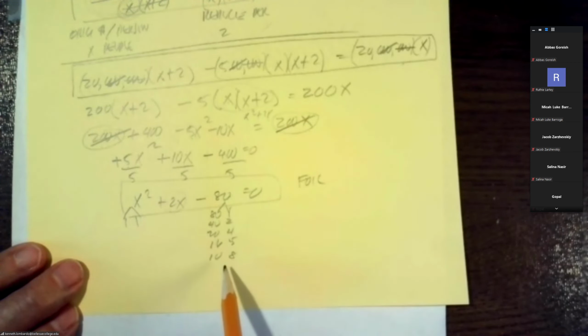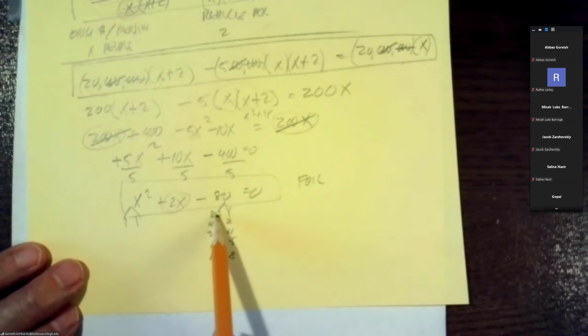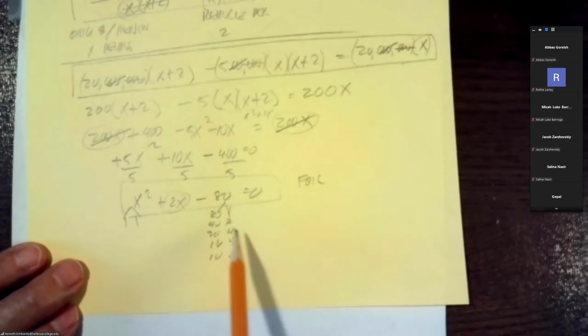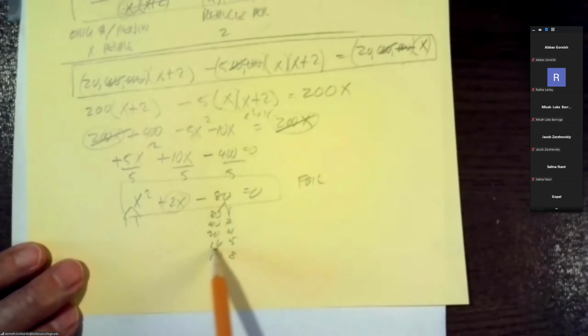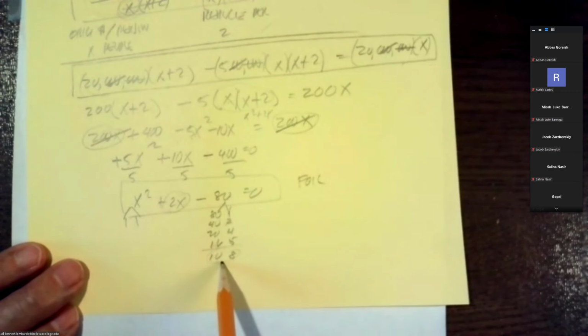Any other factors we can put in there? Looks like those would work. So now we need to do a FOIL and add outer and inner and get a 2. So 80 and 1 isn't going to give us a 2. 40 and 2, 20 and 4, 16 and 5. None of these are going to give us 2s. If we can add or subtract, we're not going to get a 2. 10 and 8 looks like we're going to get a 2, right? 10 minus 8 would be 2.